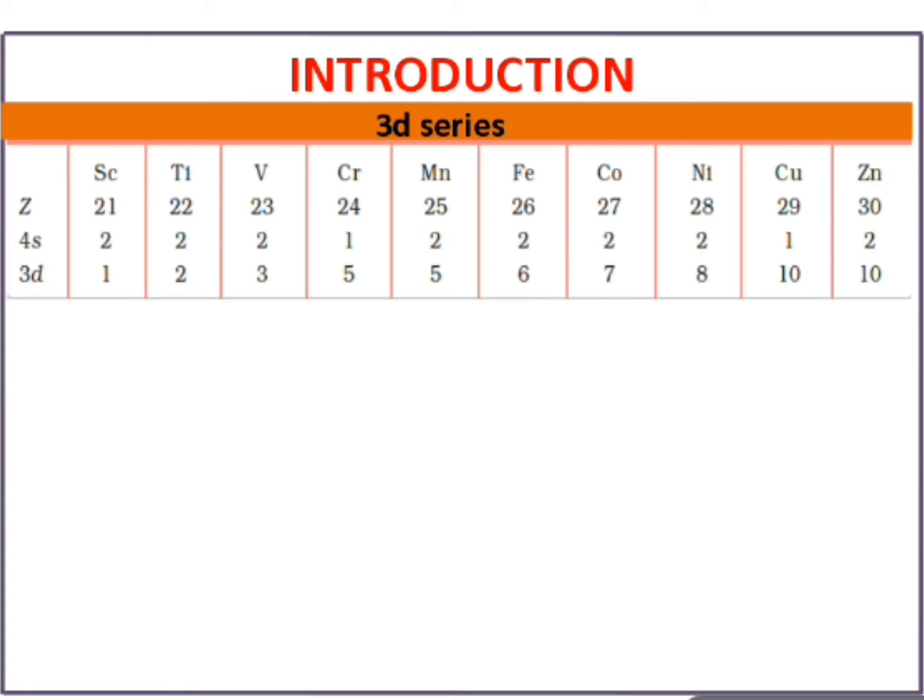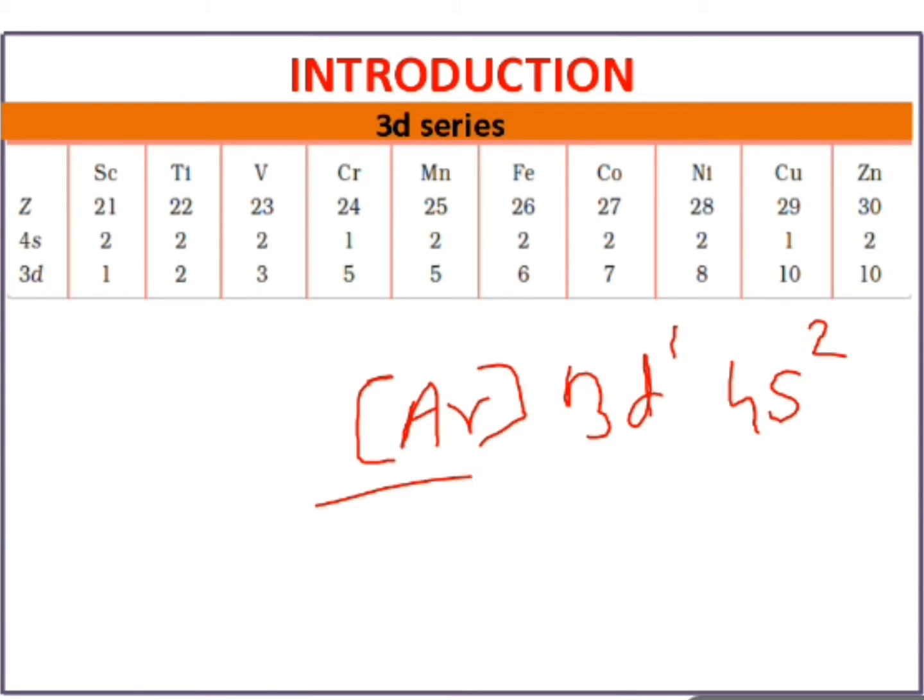This is the electronic configuration: in scandium, if you write argon, then after that 3D1 and 4s2. So first is given the atomic number, second the number of electrons in the 4s orbital, and third the number of electrons in the 3D orbital.